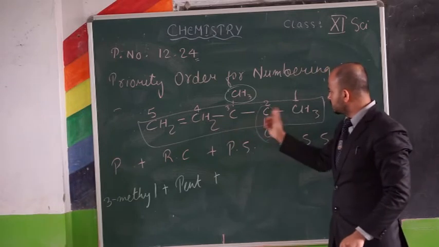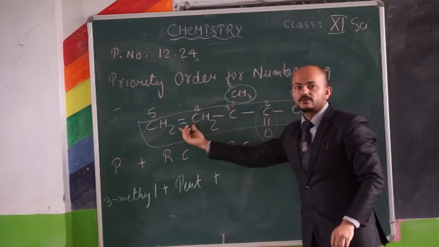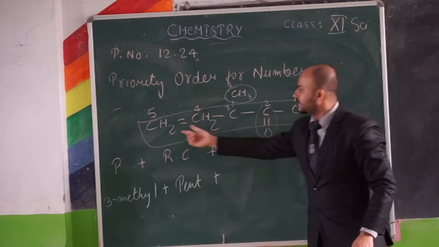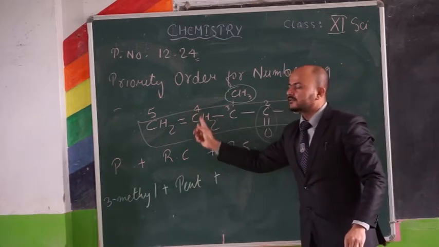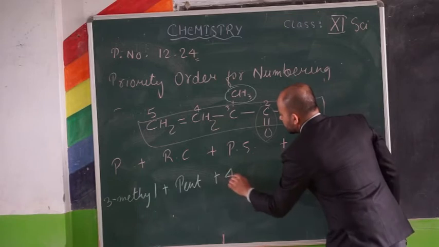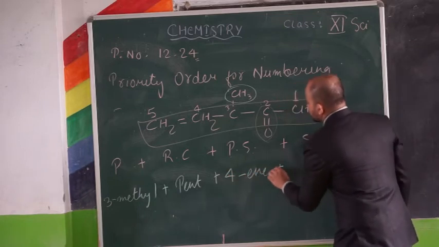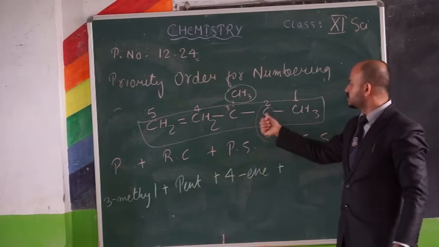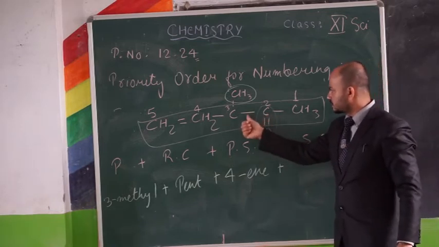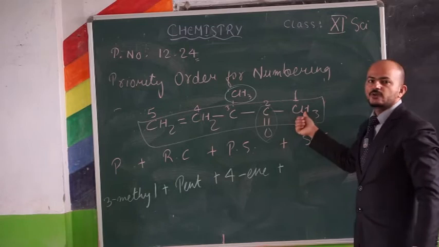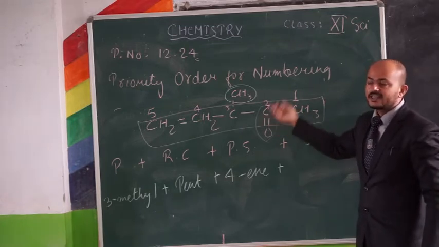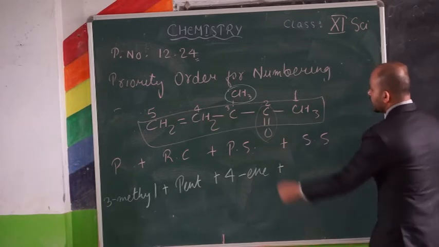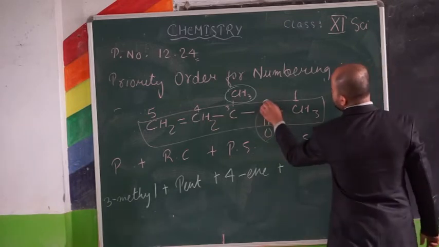Primary suffix: 1, 2, 3 are single bonds and you have a double bond over here, so your primary suffix will be en, at carbon number 4. So 4-en. And what is your secondary suffix? The secondary suffix is the functional group, C double bond O. On this side you have carbon and on this side also you have carbon, which means this is a ketone. Ketone is written as one, and its position has to be mentioned, carbon number 2.